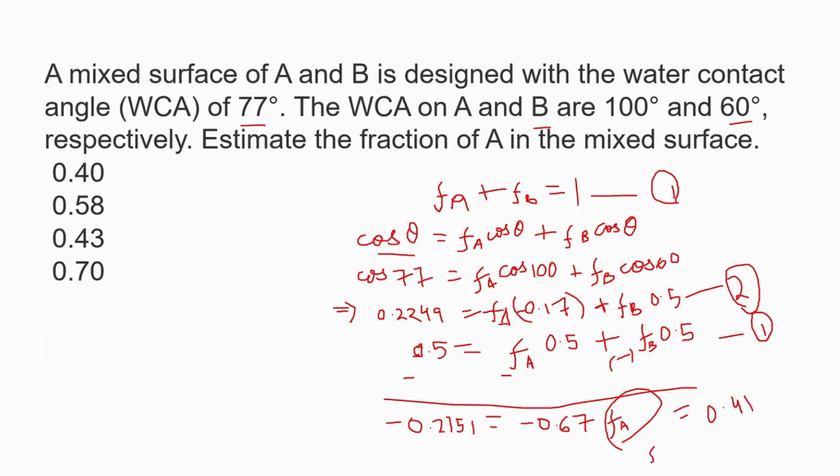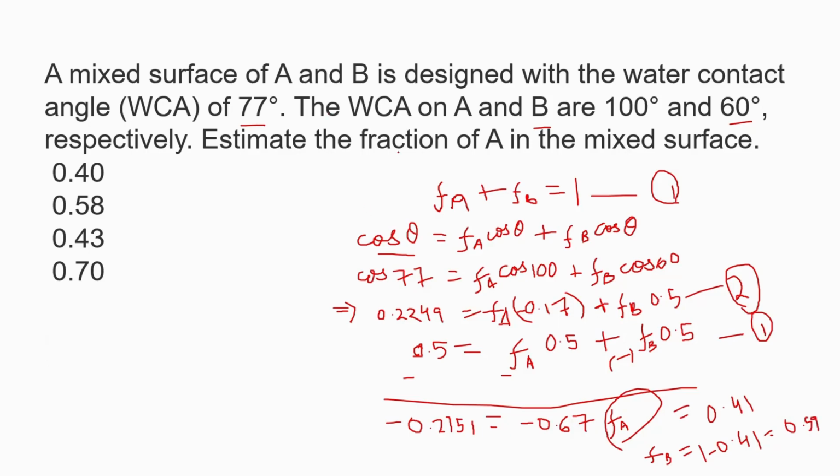And FB will be 1 minus 0.41, which equals 0.59.